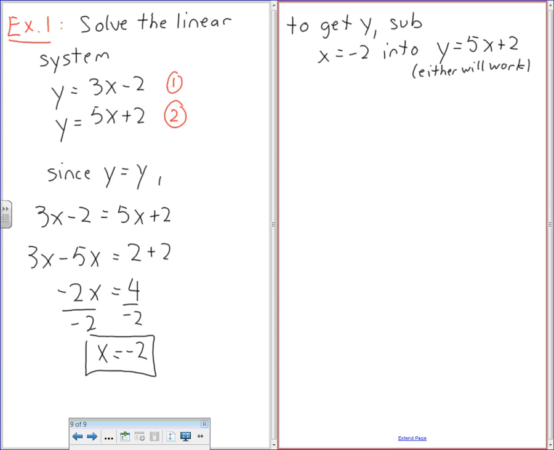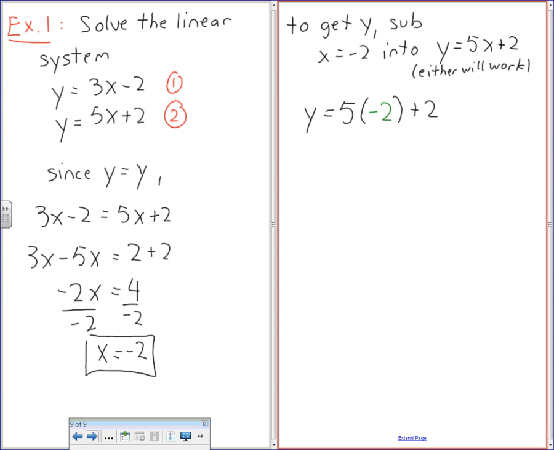Everywhere you see an x in the equation, you plug in a negative 2. So it's going to go y equals 5, bracket, negative 2, plus 2. We just replace the x with negative 2, just like a table of values.